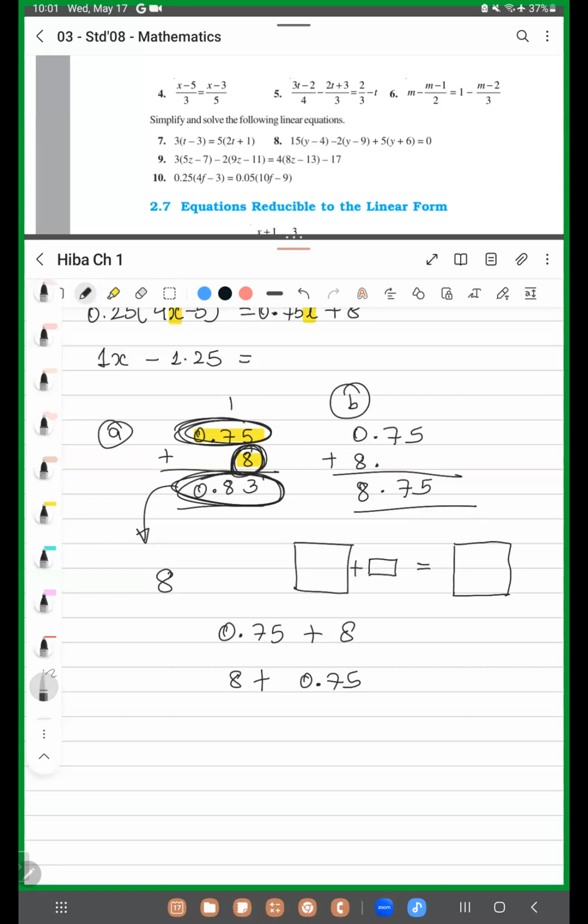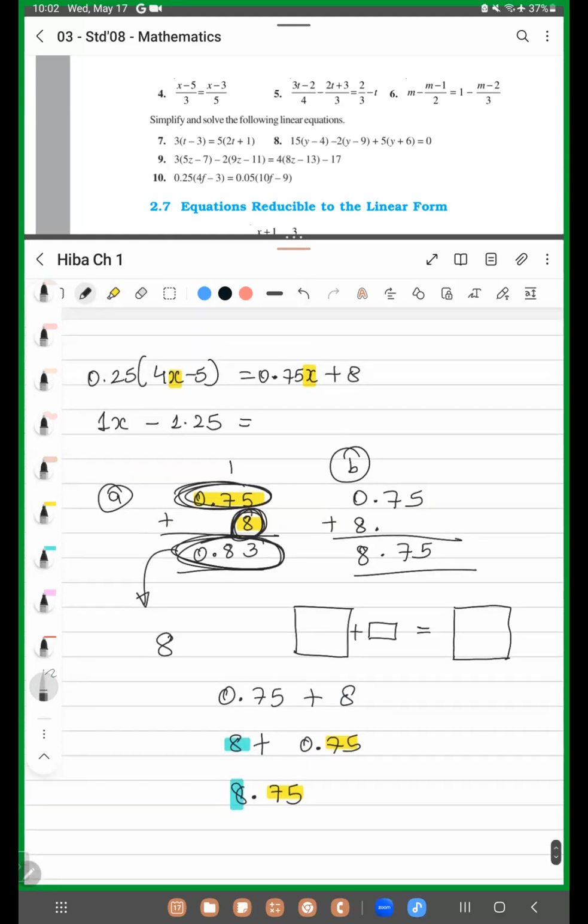Any number plus 0 point something is basically 8 point, basically like this. देखो, 8 plus 0.75 is basically 8.75. Why? Because 8 plus 0 is 8. Are you understanding this? तो this is the correct way of adding.